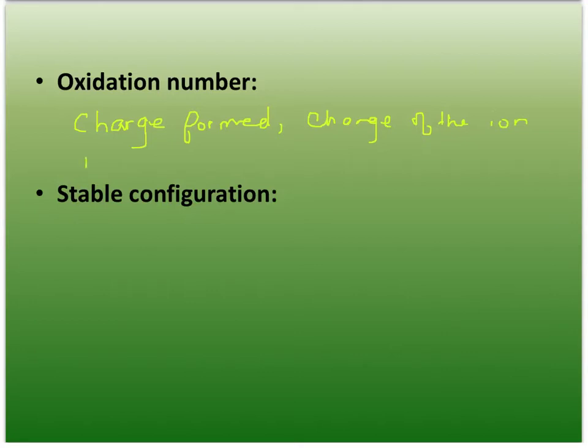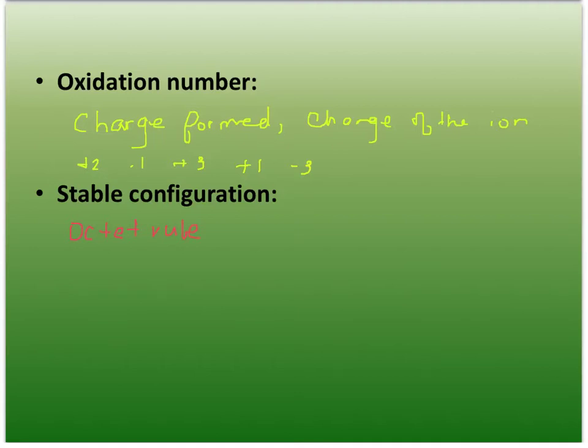So whether it's a +2, -1, +3, +1, or -3, all these would be our oxidation states, our oxidation numbers. Now, when we talk about a stable configuration, what should come to mind is the octet rule.